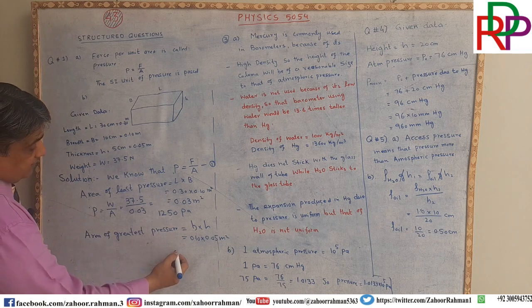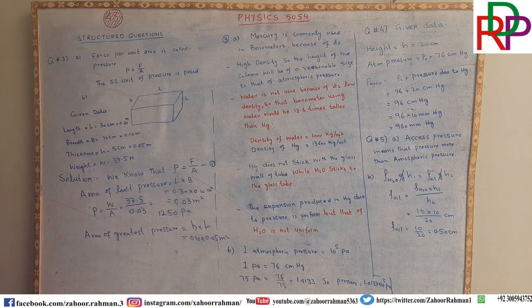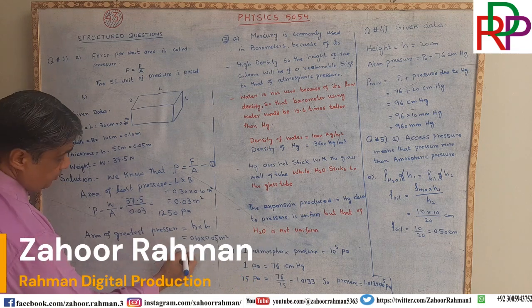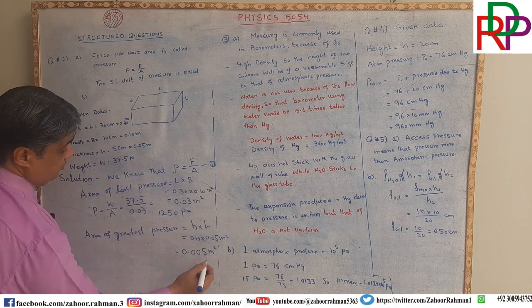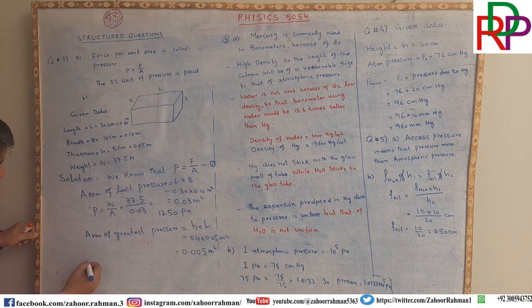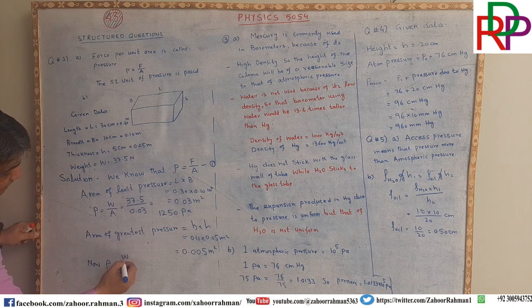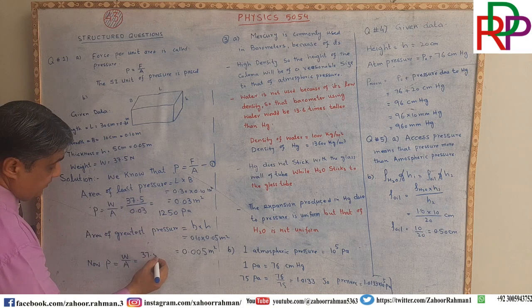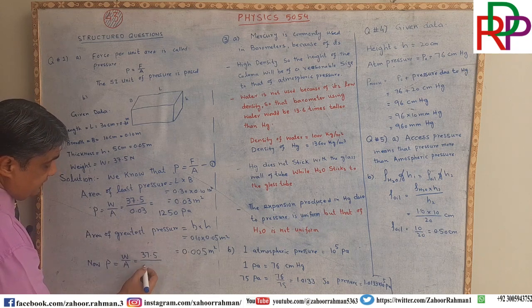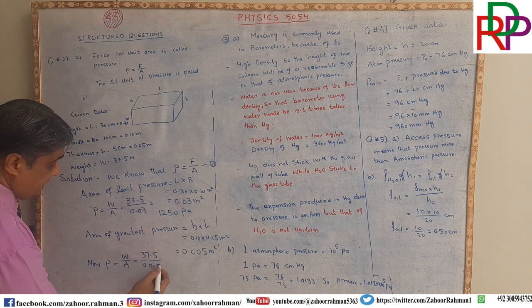So when we calculate this area and multiply it, it will be 0.005 meter square. Now we have to put this value in the equation W divided by A, where W is given as 37.5 and area we found 0.005.